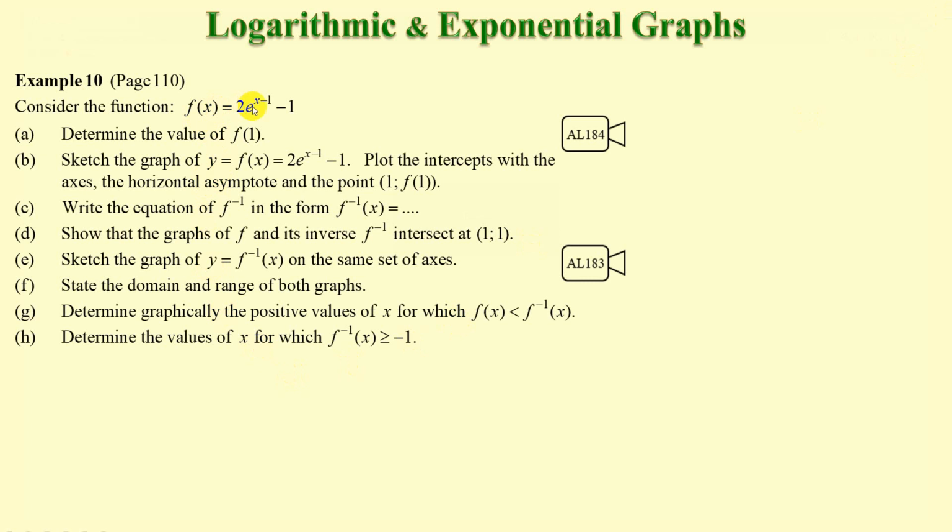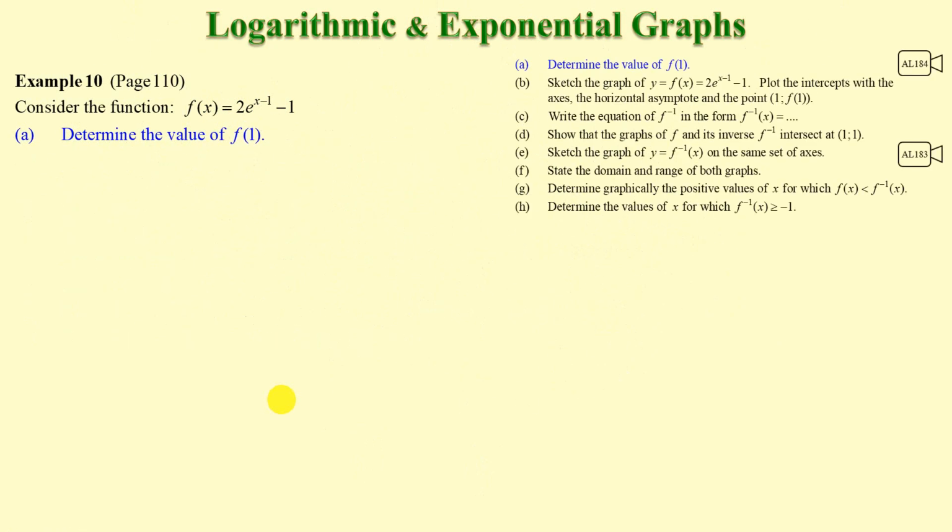So we have the function 2e to the x minus 1 minus 1. So this is a function of e to the x, but with various adaptations. Find the value of f of 1. This question is just leading you into it. We need that point, where x is 1, later.